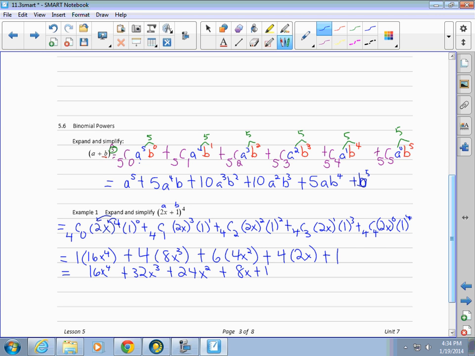Our a-term exponent starts out at 5, or at whatever the n is, and then goes down 1. And our b, or the second term exponent, starts at the r value, whatever the r value is in the first term, and then is increasing by 1.